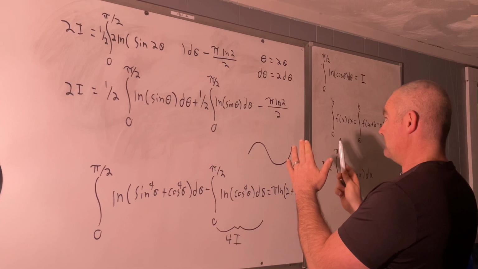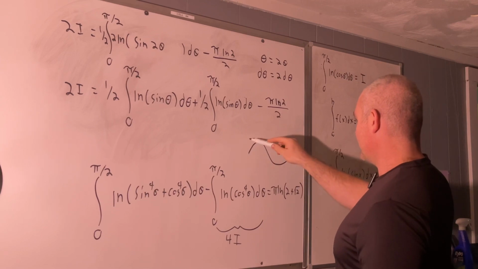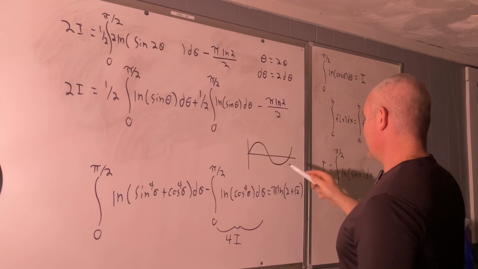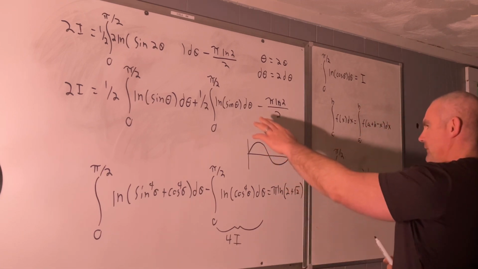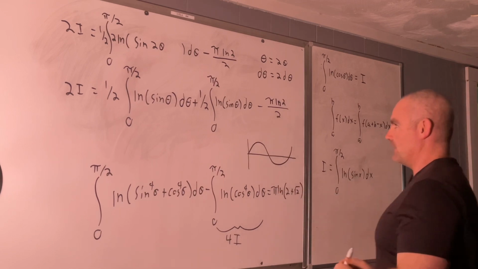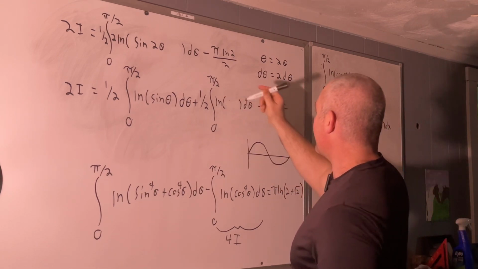Sine of phi plus pi over 2 would move this to the left, so that would be cosine. So this just becomes natural log of cosine phi.